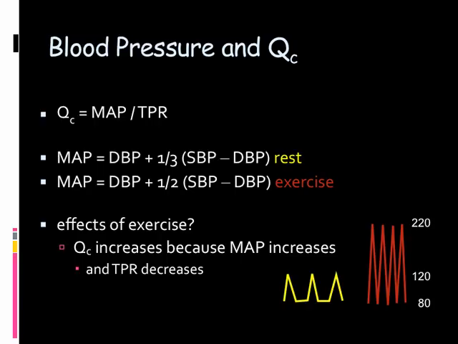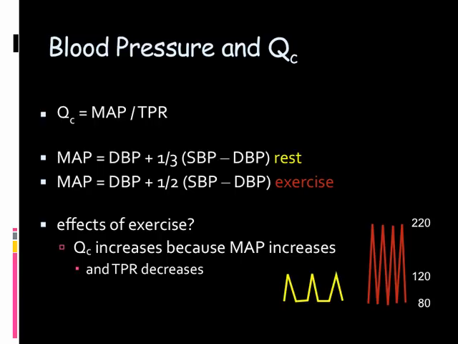So your blood pressure is 120 over 80. Now, you can see that the heart spends more time in diastole than it does in systole. So the pressure spends more time down at 80 than it does up at 120. So to calculate the average, we go 1/3 of the way between the two.